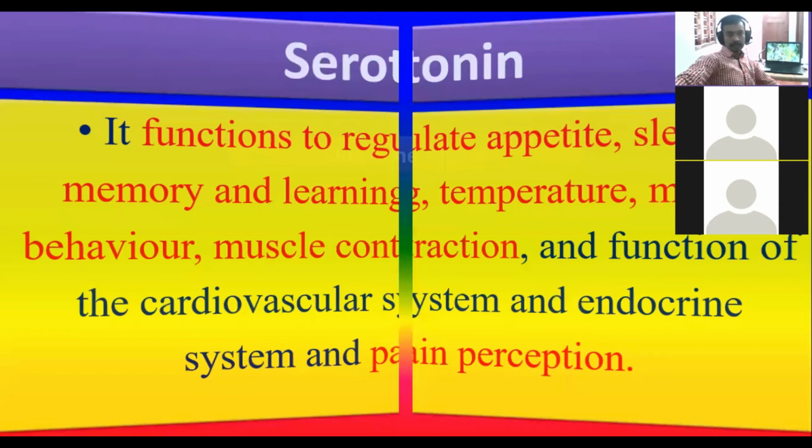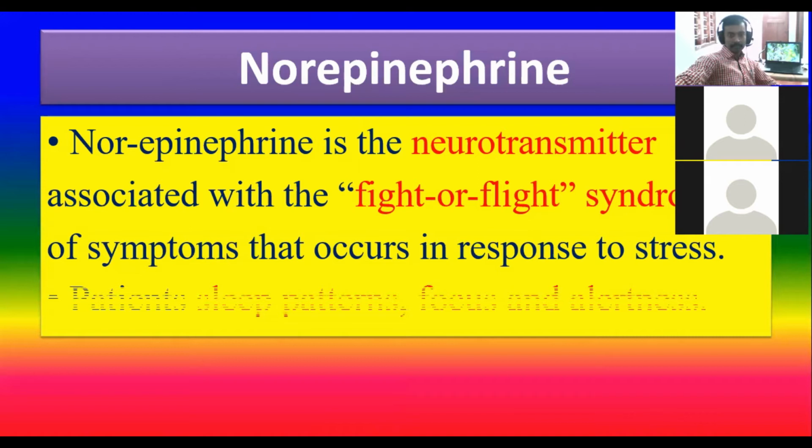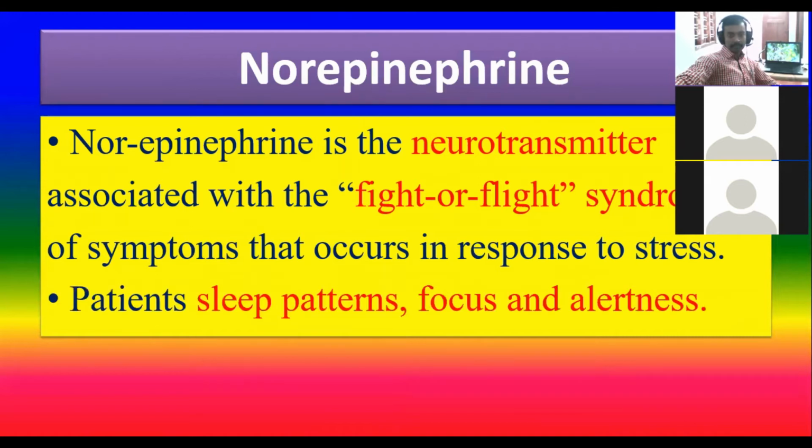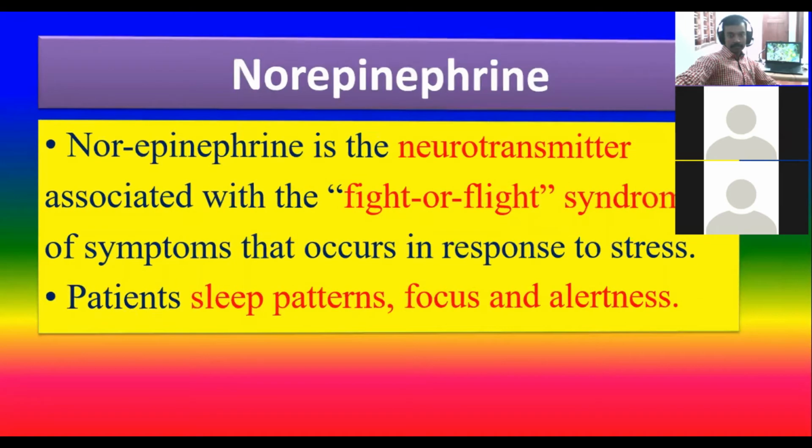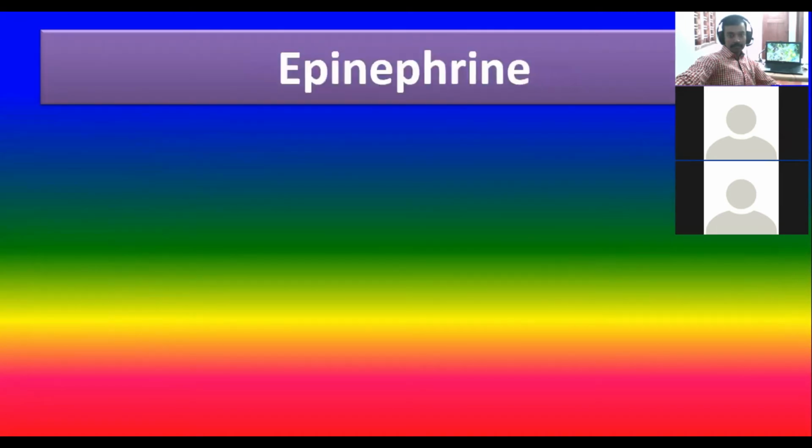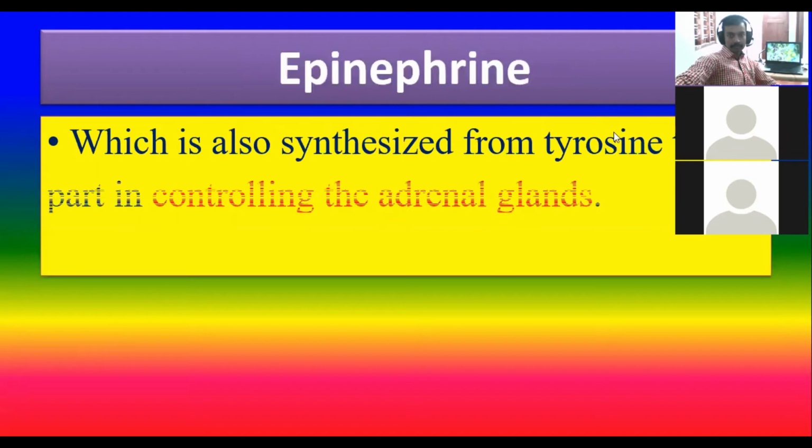Then norepinephrine neurotransmitter: fight or flight syndrome, which is a stress response. Sleep patterns, focus, alertness. Then epinephrine controls the adrenal glands.